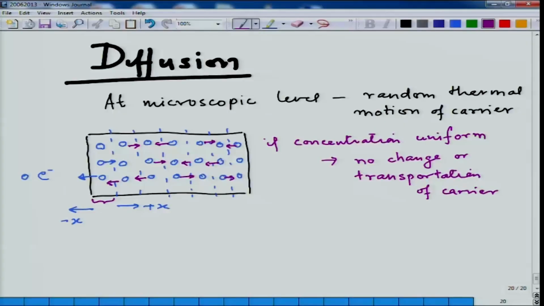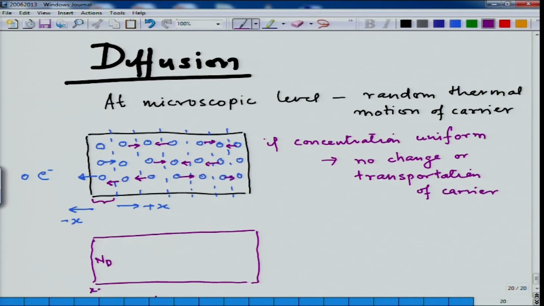Because, as we will see when we look at devices, we can make a material such that the concentration of, let us say, donors at point x equal to 0 is at some value, while the concentration of donors at point x equal to L is not the same. We can always process the material such that these two are not the same.